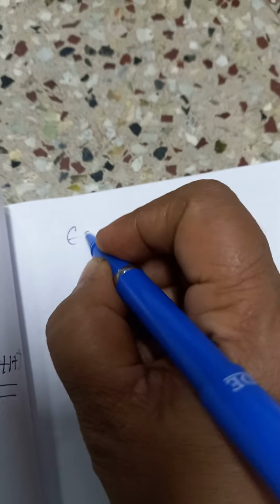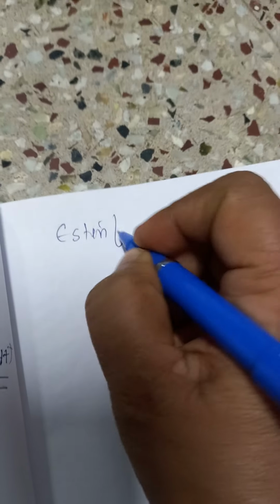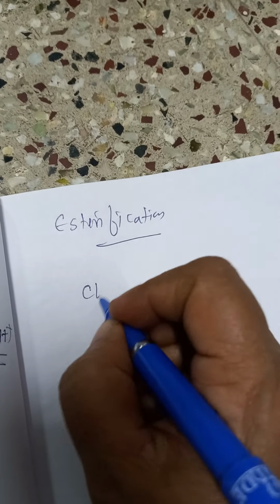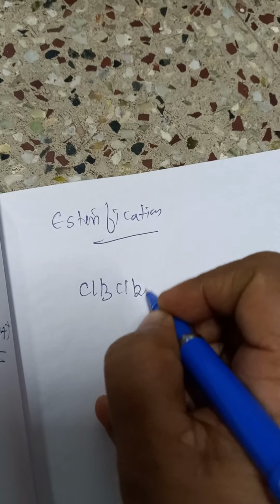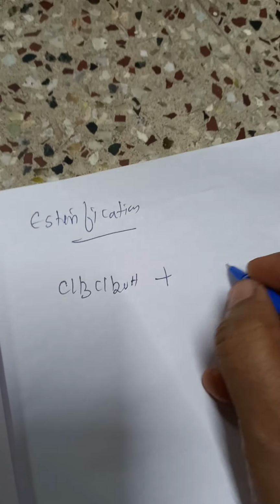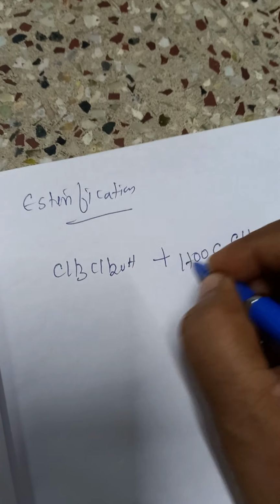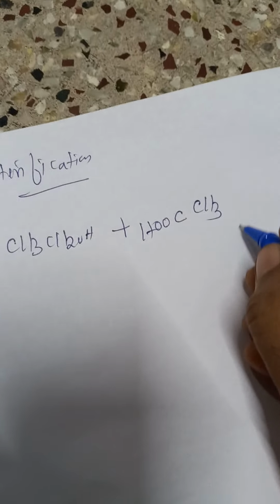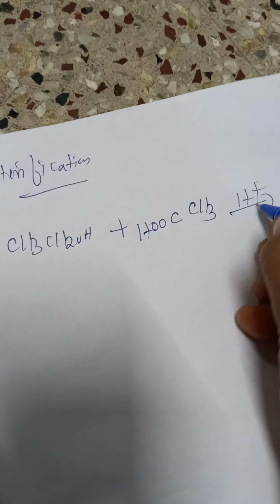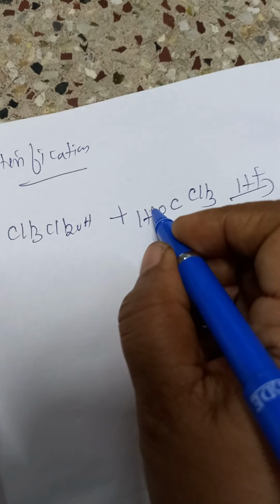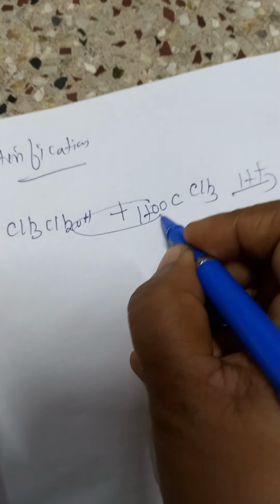Next, one more small reaction, the esterification reaction. An ester is formed. For example, alcohol CH3CH2OH in the presence of an acid, ethanoic acid, CH3COOH. In the presence of an acid, a water molecule is removed, OH and H removed.